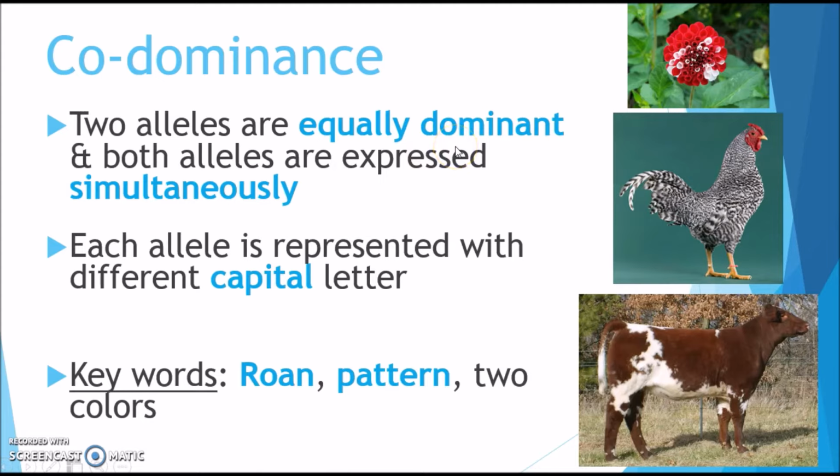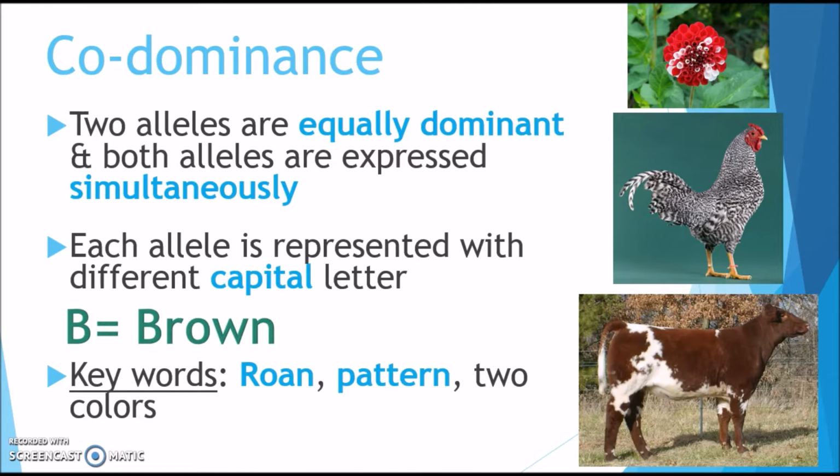So if we had a recessive allele, that would mean that allele would be recessive and would be masked. And since there is no masking going on here, we will not have a single lowercase letter in these problems. But we do need to differentiate between the two different alleles, and that's why we write them in two different letters. So let's take the cow as an example.